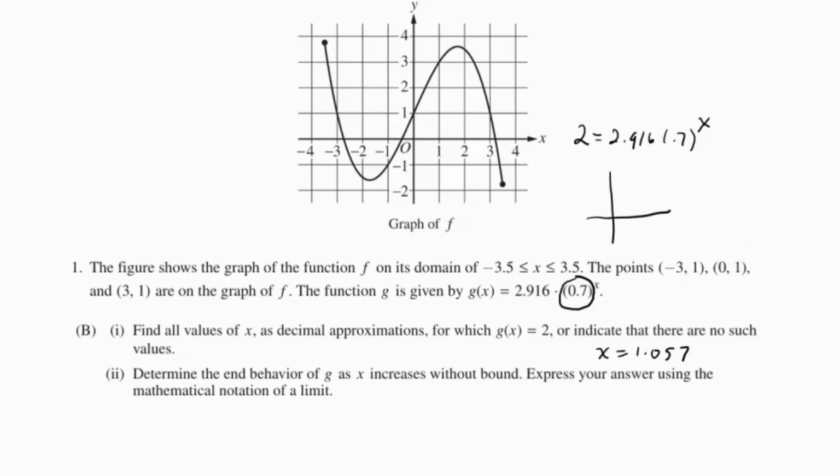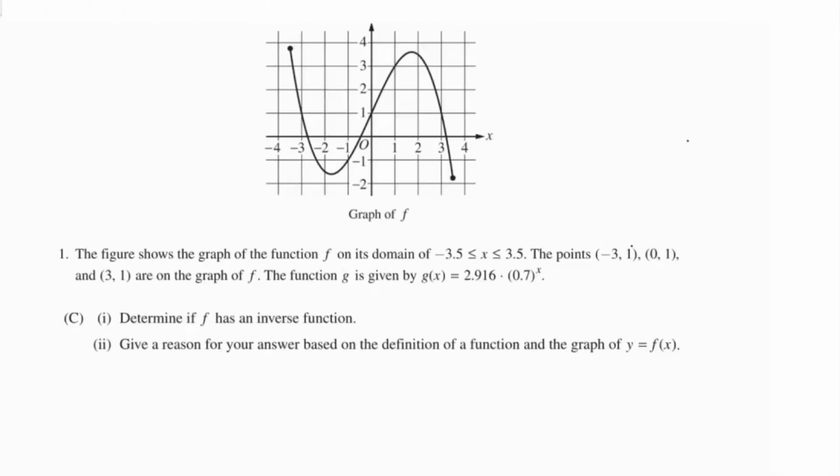So we know that exponential decay is going to decrease, and its limit value is going to be 0 in this case here. So writing this as a limit, we would say the limit as x approaches infinity of g of x is going to equal 0.